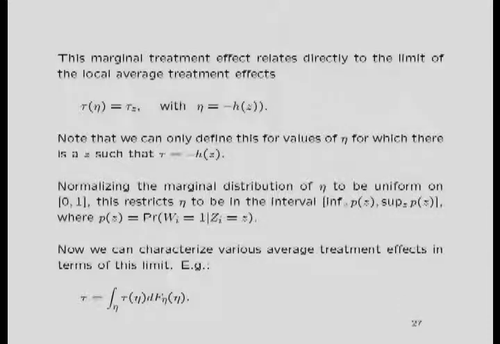Now then, you can characterize any particular average, say the population average effect, in terms of these marginal treatment effects. But again, it doesn't change what is actually identified unless the instrument moves the probability of receiving the treatment all the way from 0 to 1. There's always going to be some marginal treatment effects that you cannot identify.